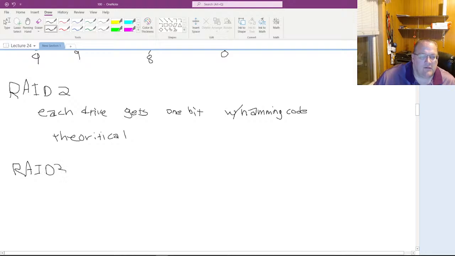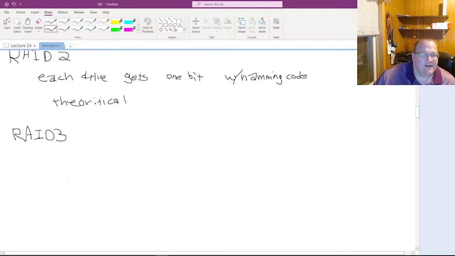RAID 3. I know, big surprise, right? Okay, so RAID 3 says, well, Hamming codes, they're great, but there's too much of them. So this one says 1 bit per drive, with a parity drive.